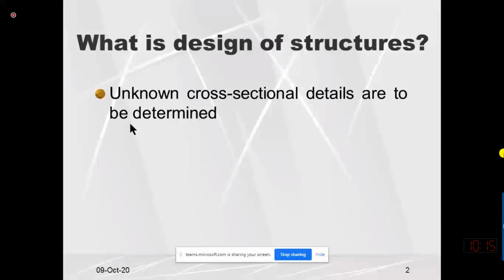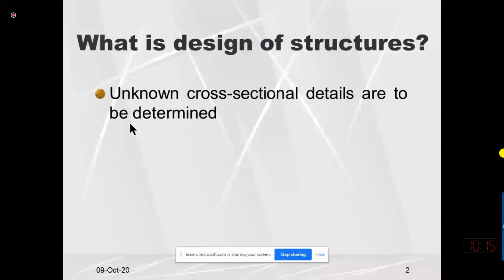From the architectural drawing, for example, if I want to design a beam, I know the length of the beam. The length of the beam will be equal to the width or length of the room, which is referred to as a span. Or if I want to design a column, I know the story height, so I am provided with the length of the column.